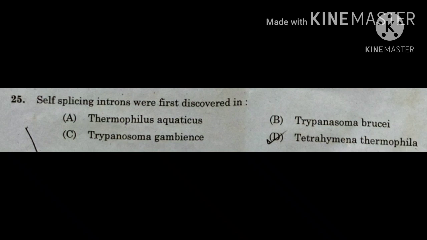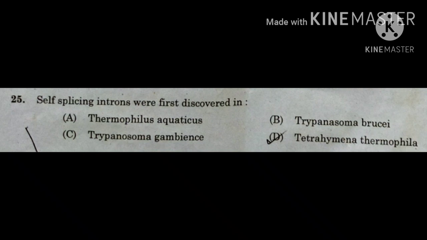Okay, so the primary product of transcription contains two units, coding sequence namely exons and non-coding sequence namely introns. Hence that primary transcript is said to be heterogeneous. It's made up of two different units, isn't it? Coding as well as non-coding sequence. And that heterogeneous nuclear RNA is produced within the nucleus. Hence the name heterogeneous nuclear RNA.